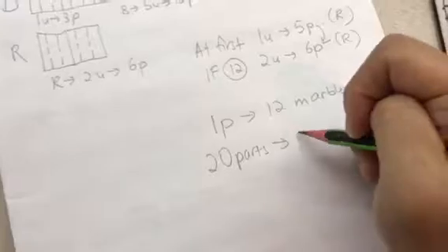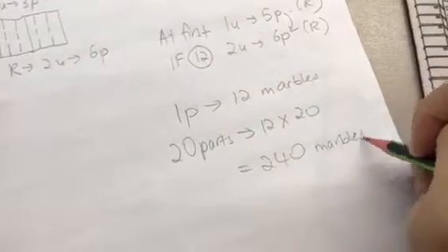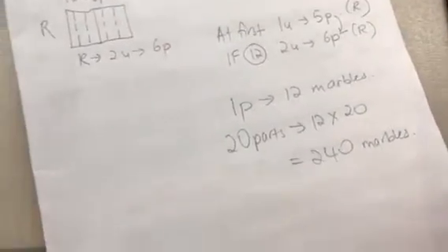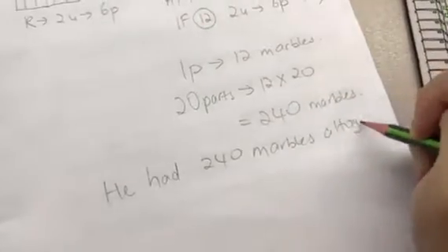So 1 part is 12 marbles, so 20 parts would be 12 times 20 equals to 240 marbles. So how many marbles did Johnson have altogether? He had 240 marbles all together.